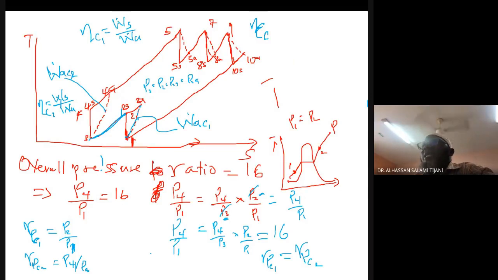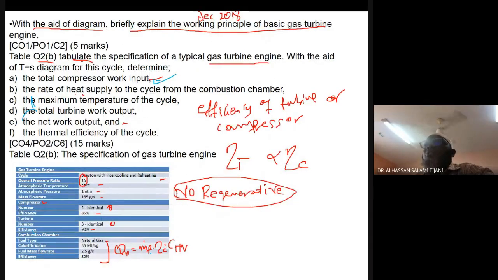And then the next question is to find the rate of heat supply to the cycle from the combustion chamber. First, maybe we should determine the work. We can also determine the rate of heat supply to the combustion chamber.